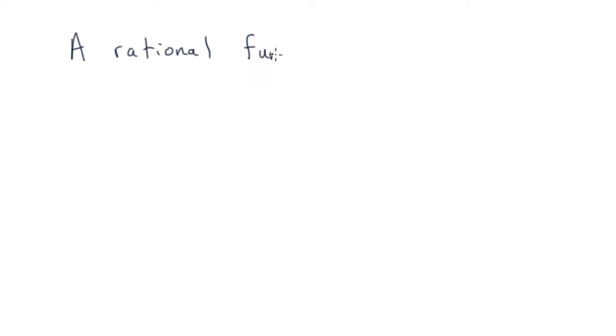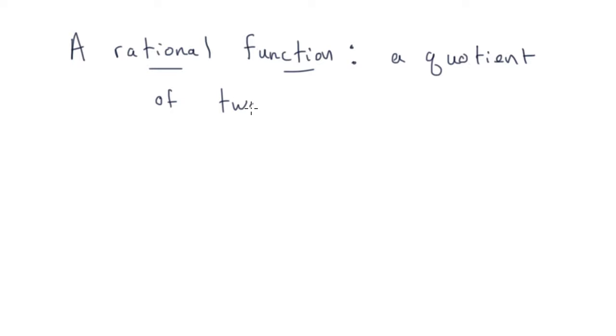So a rational function, and now it's sort of like a rational number. So remember, a rational number is a quotient of two integers. A rational function is a quotient of two polynomials.